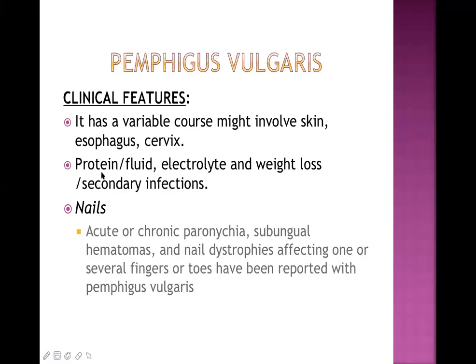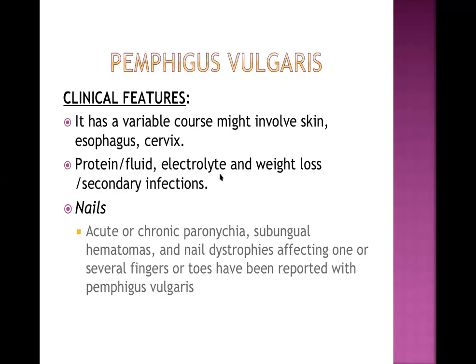Now, when these bulla are multiple and when they rupture, they can cause a lot of raw area on the skin, isn't it? When the skin is damaged, then raw area will be formed, and from that raw area, proteinous fluid or protein rich fluid and electrolytes can be lost.